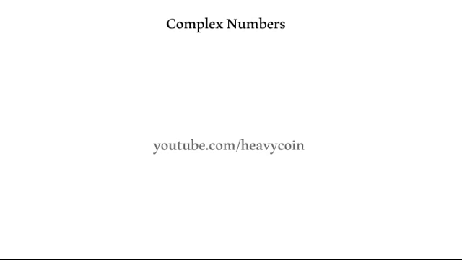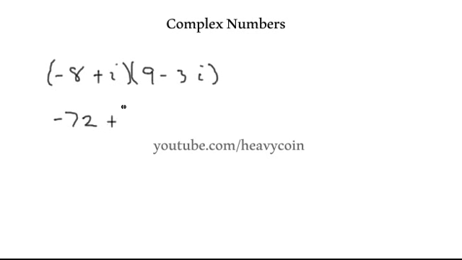Alright, of course we gotta work a couple more of those. Let's do negative 8 plus i times 9 minus 3i. So negative 8 times 9 is negative 72. Negative 8 times negative 3i is going to be positive 24i. And then that's plus 9i.